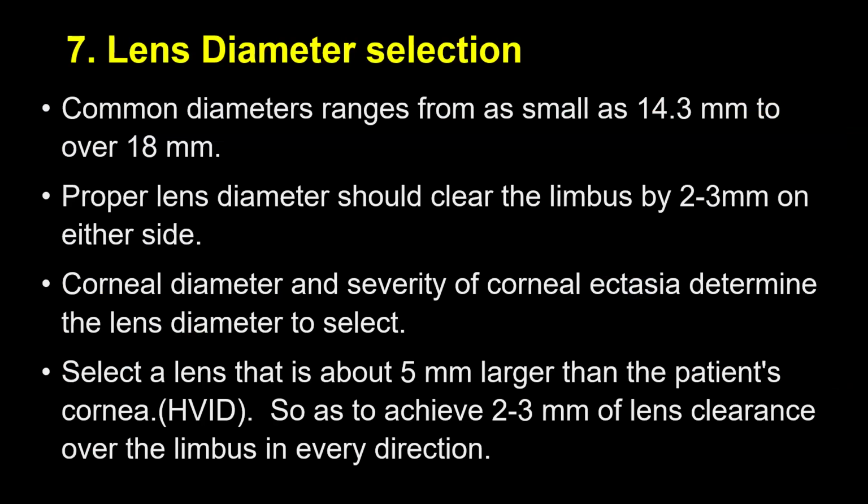If the ectasia is larger than normal, of course, you have to consider a larger diameter that can cover the protrusion of the cornea more. Select a lens diameter about 5 millimeters larger than the patient's horizontal visible iris diameter. That can give you an idea what to achieve in terms of clearance of the limbus.